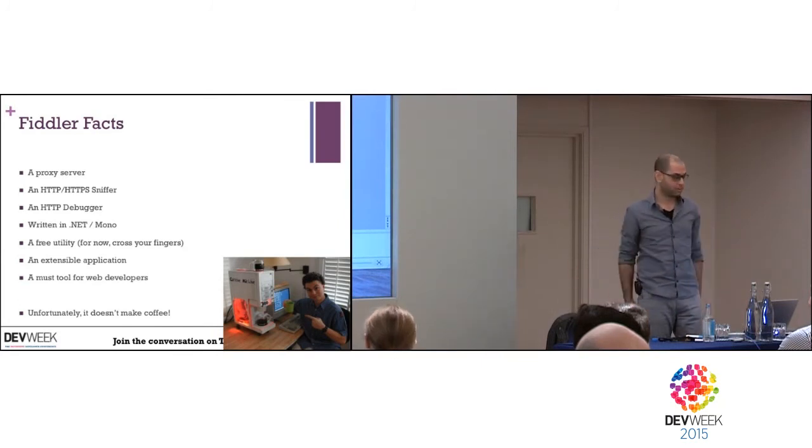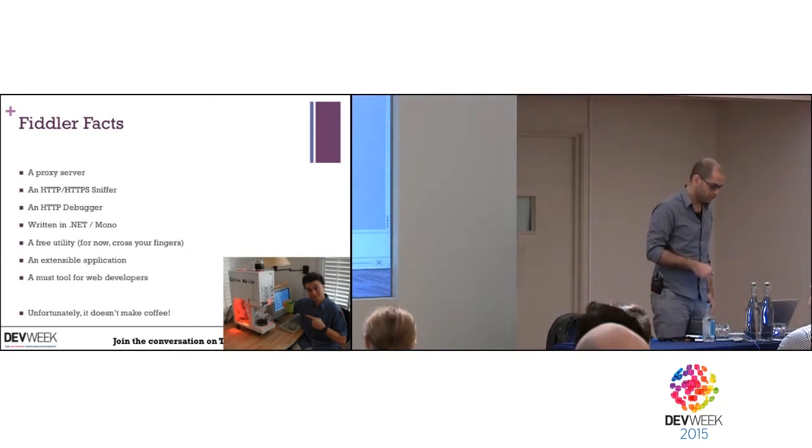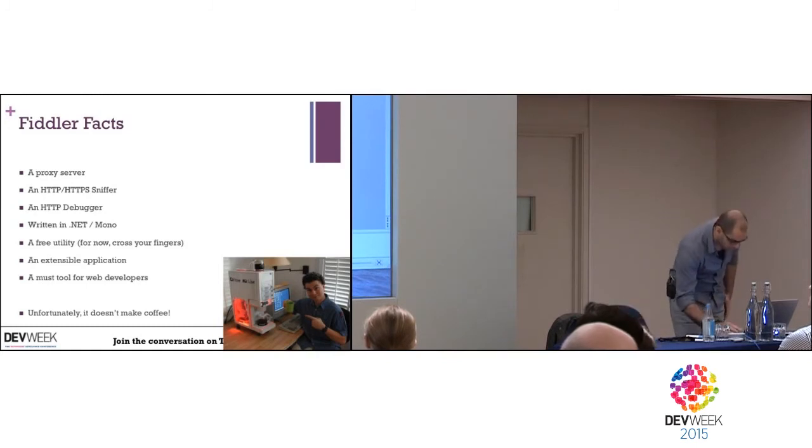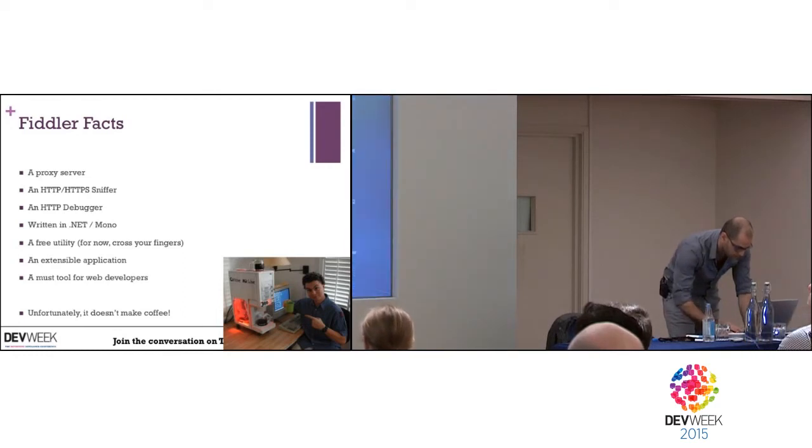Hopefully it will work. It depends on the version of Mono you have installed. Sometimes it causes issues. Let's give it a second. Come on. Second time it usually works, or it just hangs there.